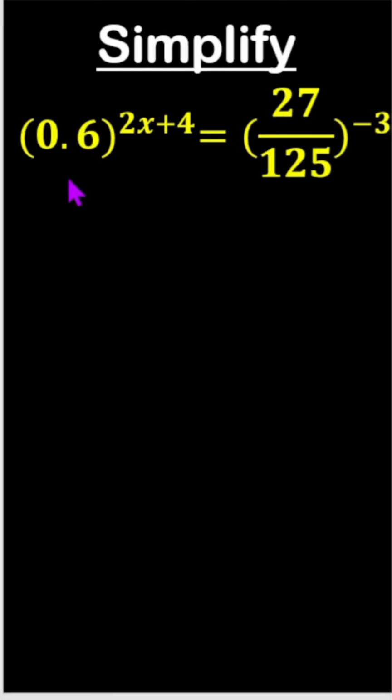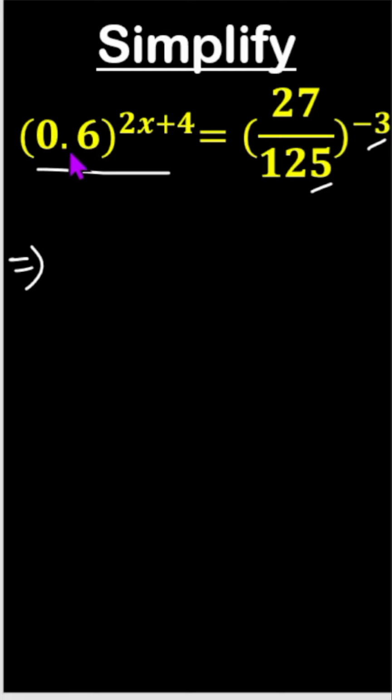Simplify: 0.6 to the power 2x plus 4 equals 27 by 125 to the power minus 3. Very interesting math, this one.